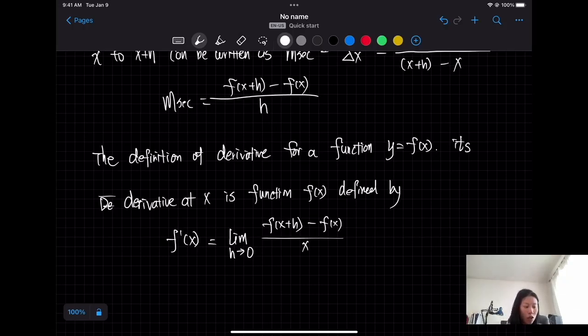Okay, if the limit exists, that's very important because last class we talked about how a limit sometimes does not exist. If the limit exists, then we can say f is differentiable at x.